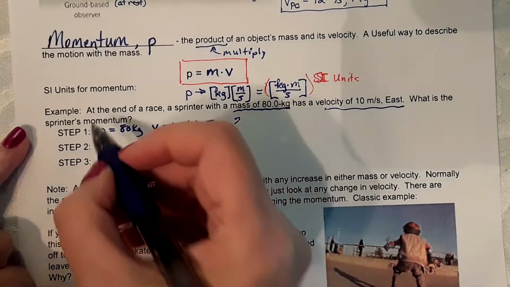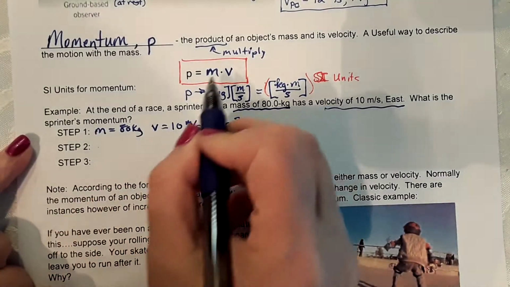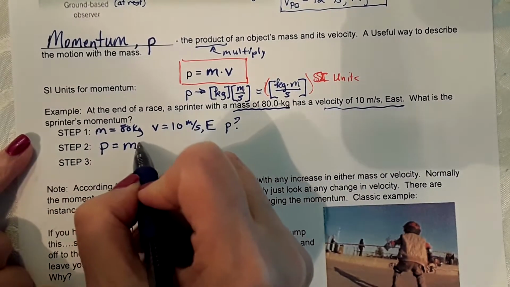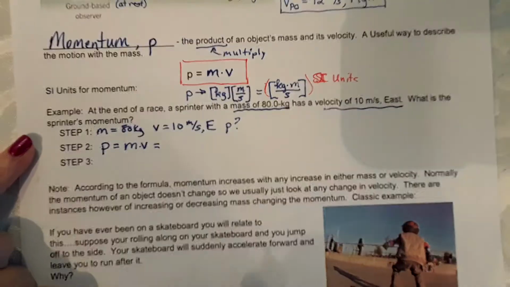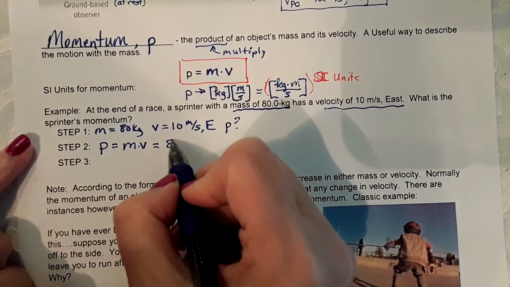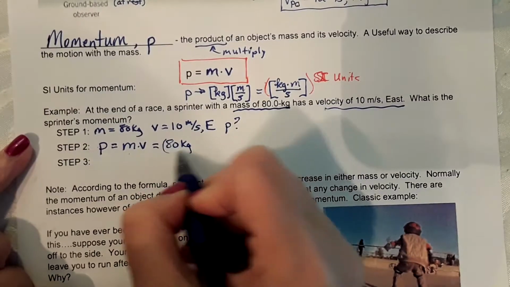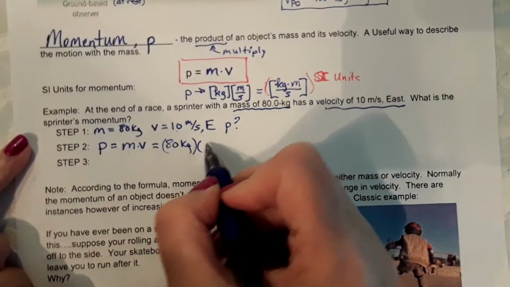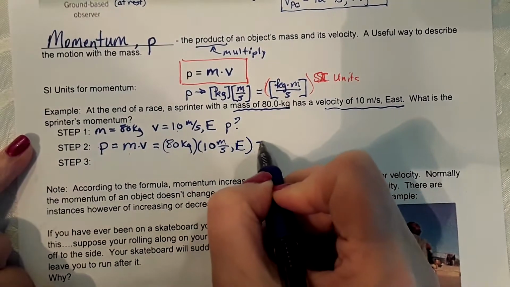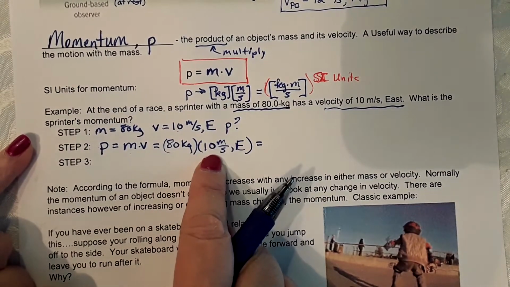Step 2, we write the formula and plug in the numbers, but always write the formula without the numbers first. So we get mass times velocity so that you can see what goes where. So 80 goes in the M's place. Write first, then plug in. Times 10 meters per second east. Now the numbers, the magnitudes, we just multiply.